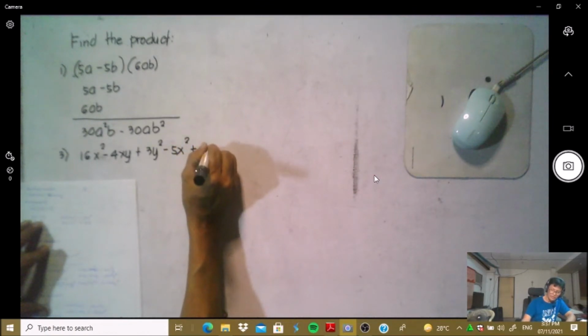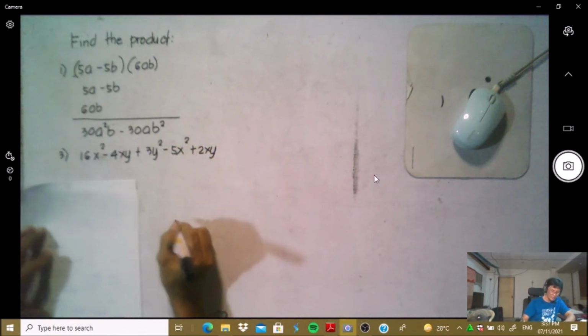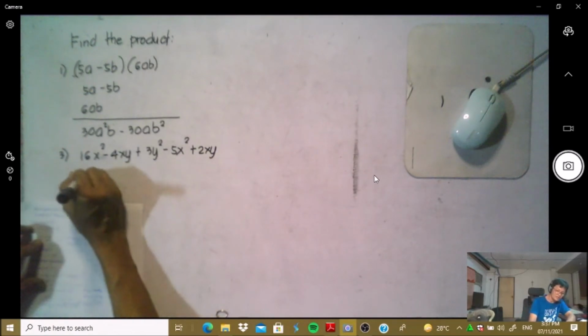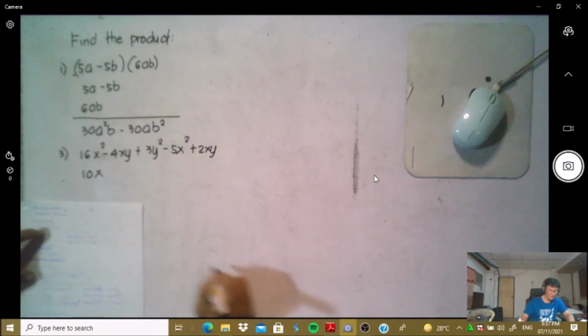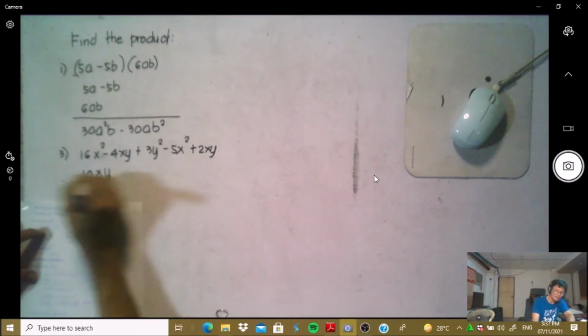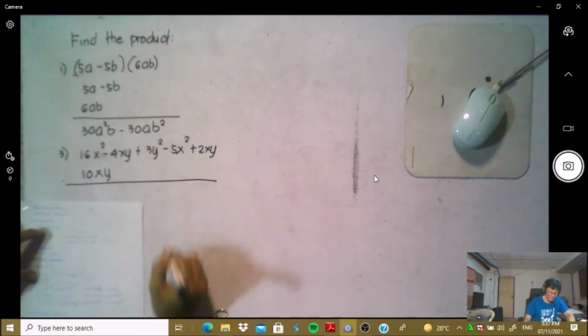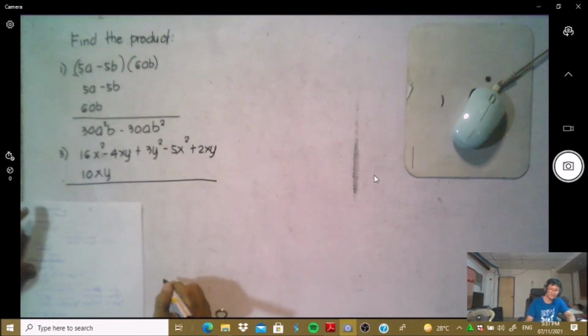So this is to be multiplied with 10xy. Okay. So first we have to combine.